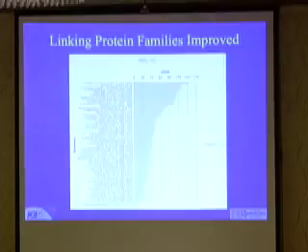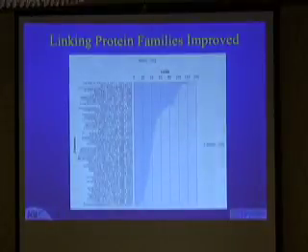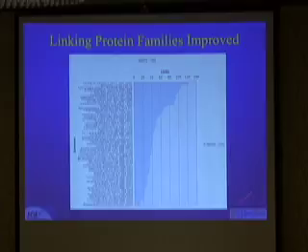I'm just going to sort of quickly show, well, you probably can't see the exact data, but when Nikos Kyrpides and his group looked at how these genomes affected the prediction of function or these linking of gene families, they found that they improved the linking across protein families more than you would expect for a random genome.